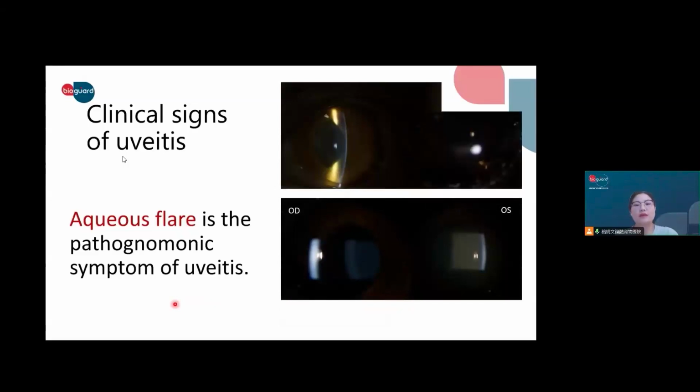If you don't have the slit lamp biomicroscope, any tools that could emit a very small point light will work. So if you observe this phenomenon, you can diagnose uveitis. So it's very important to remember this.